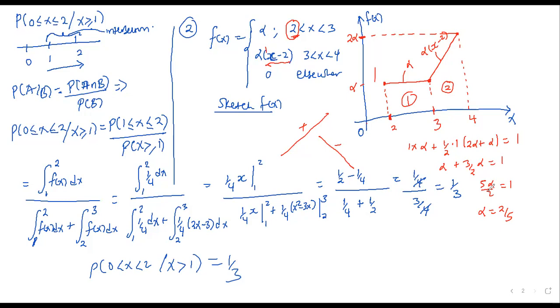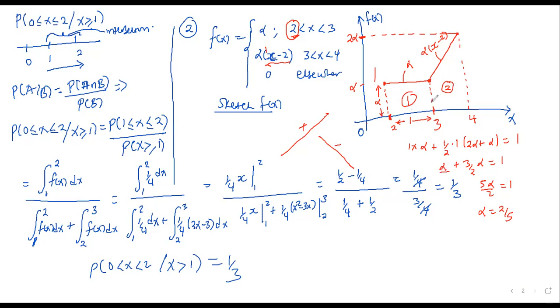Teacher, first explain it once more. How I've got the area? Yes, teacher. The length here is 1. Do you agree? The width here is alpha. Alpha times 1, you get alpha.